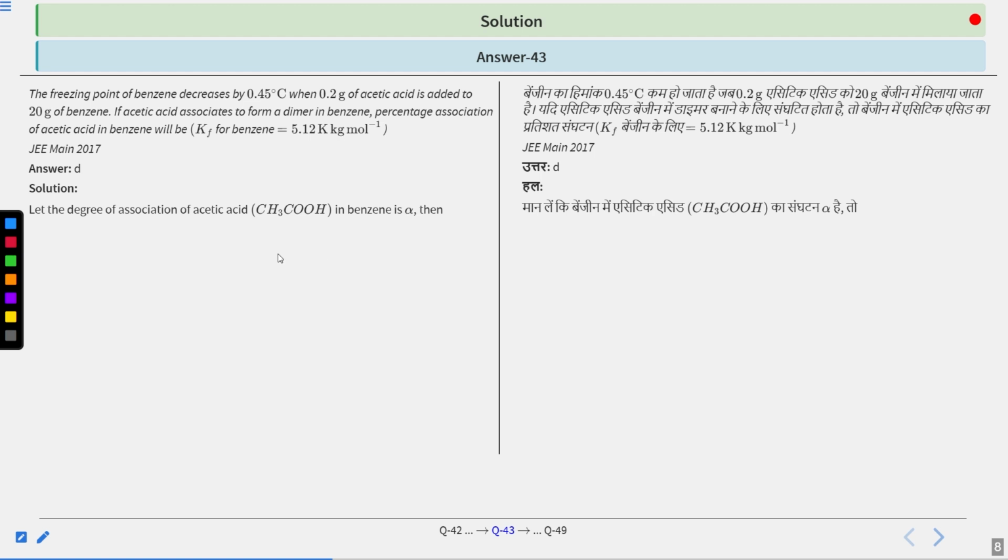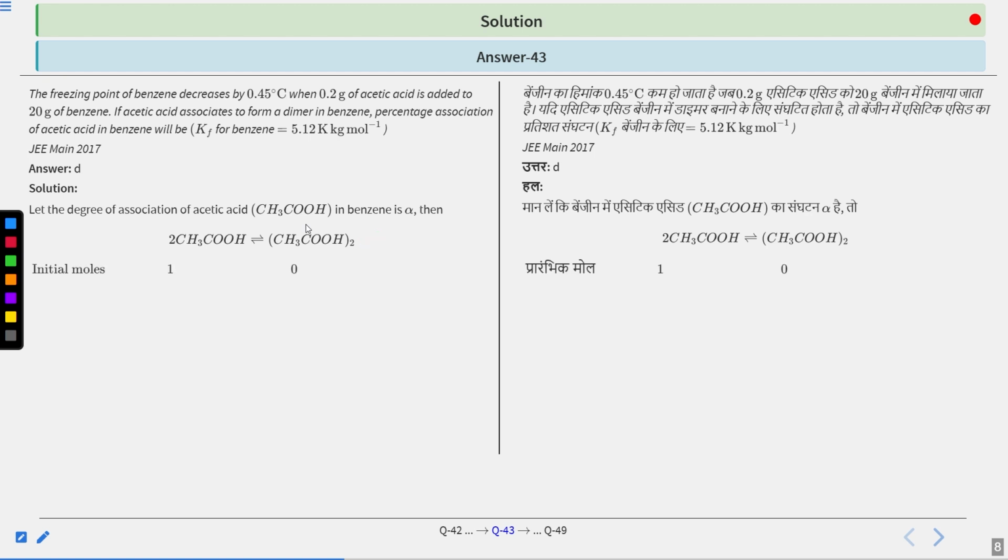So to calculate the degree of association of acetic acid, we will assume it as alpha. Let us assume that the degree of association of acetic acid in benzene is alpha. Now this will be your dimerization reaction. 2 moles of acetic acid will dimerize to form one entity as a whole.